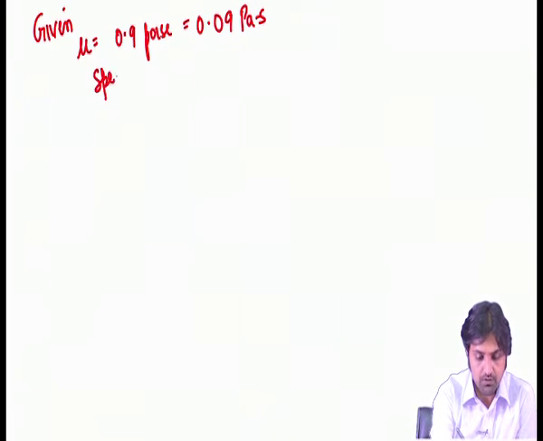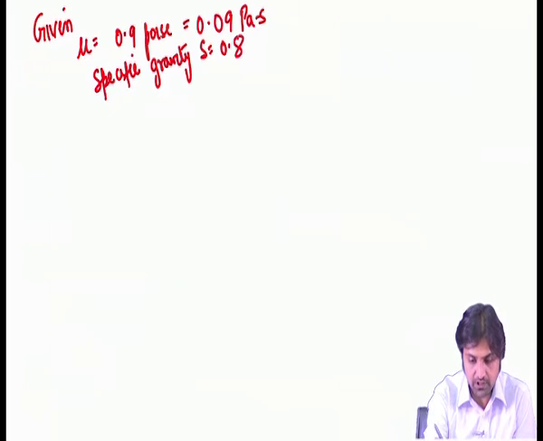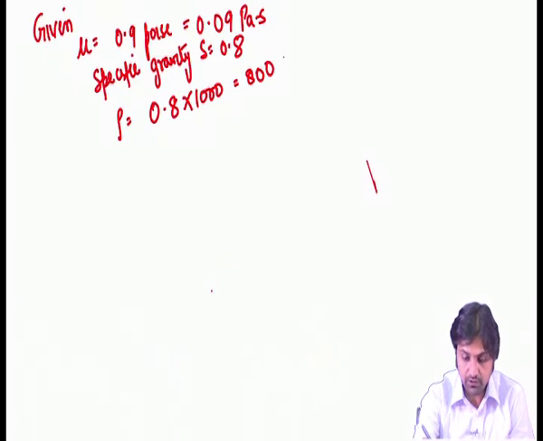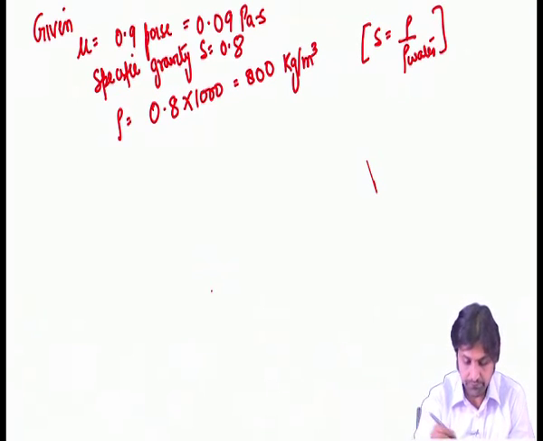We know specific gravity S is 0.8. Therefore, if we assume 1000 kilogram per meter cube density of water, the density of the fluid is 800 kilogram per meter cube, since S is rho by rho water.